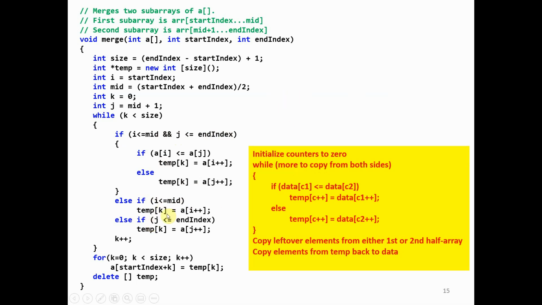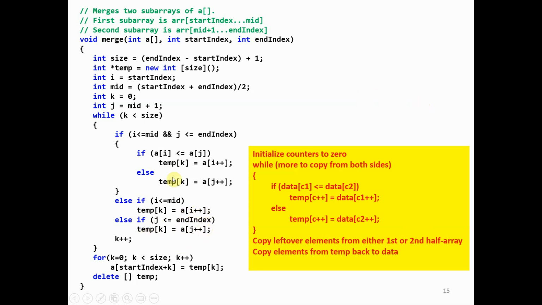So we're going to transfer all the elements of the first subarray into temp. Otherwise, if j is smaller than or equal to the end index, it means that the second subarray has elements that haven't been moved to the temp. So we're going to move elements of the second subarray into the temp, and of course we have to increment either i or j.